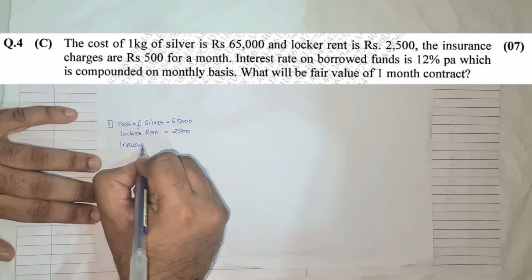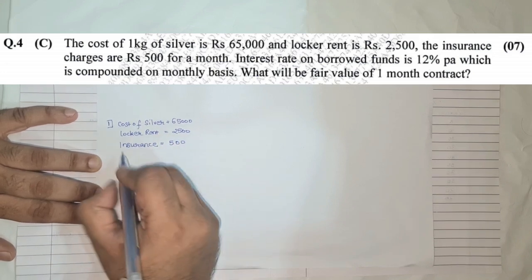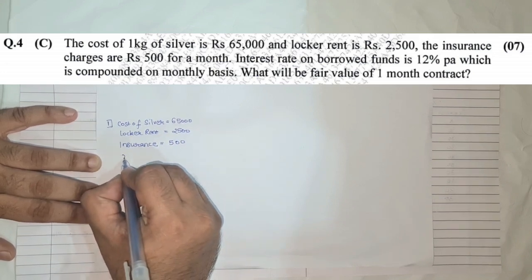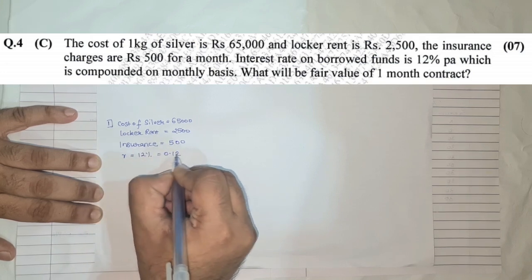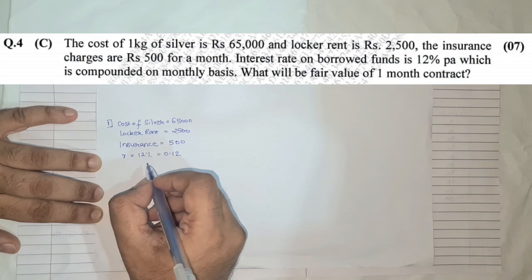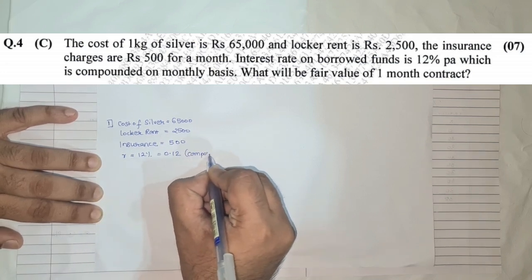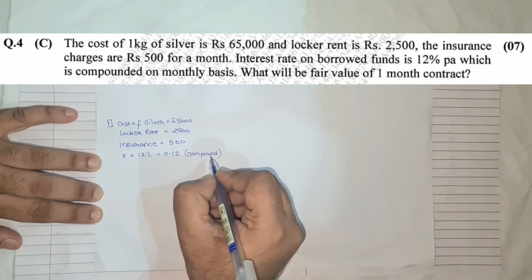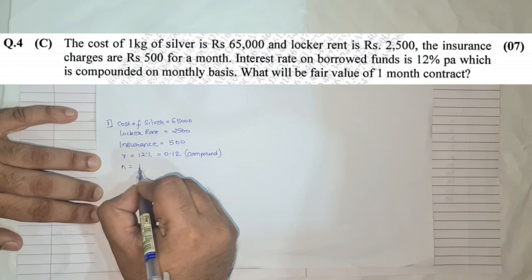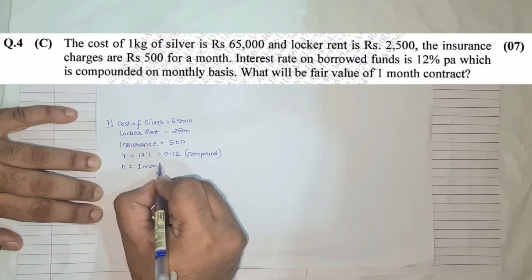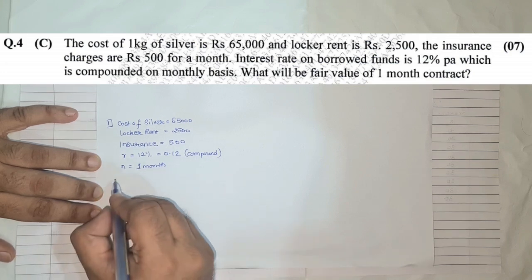Insurance, which is 500. The rate, which is 12%, so that is 0.12, and that is also on compound basis. So I'm writing compound interest. Okay, and they have given you 1 month, so the number is 1 month. Okay, and they are asking us to find the fair value.